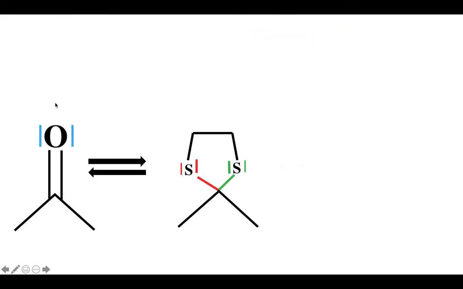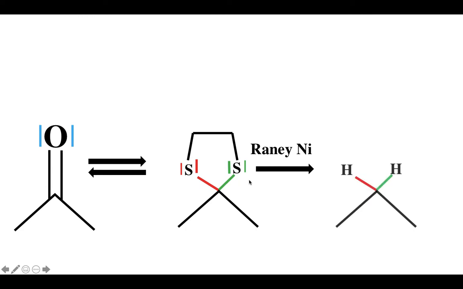Let us see how that is accomplished. So here I have my ketone that was converted into a cyclic thioacetal using EDT. If I react that cyclic thioacetal with Raney nickel, it'll undergo desulfurization, and it'll convert it into an alkane. So those sulfurs are removed and replaced by hydrogens.